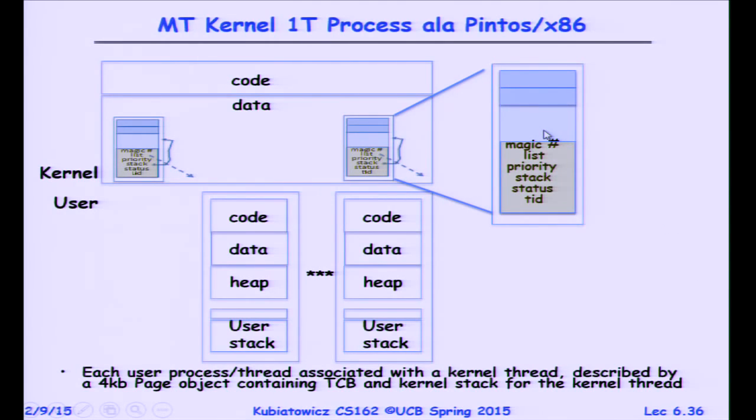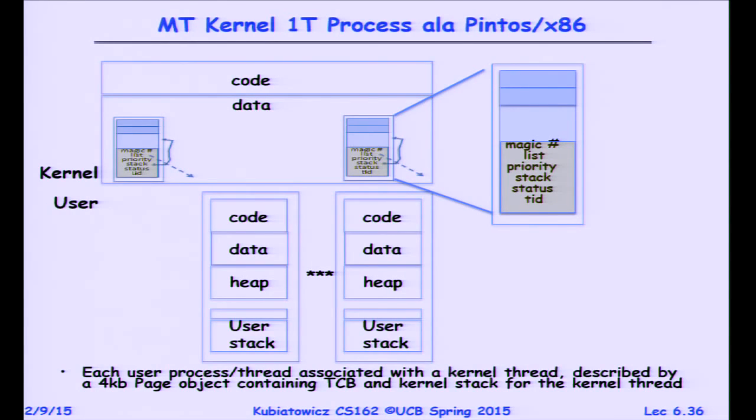So how big are these? These are actually a 4K chunk of memory per kernel thread. So that 4K chunk has stack plus some stuff. So those kernel stacks are not big. All right, what does that mean? That means that kernel threads cannot compute Fibonacci recursively. Okay, that's a bad idea because there's not enough stack space. But it is enough stack space to do the kind of things that you do once you enter the kernel.